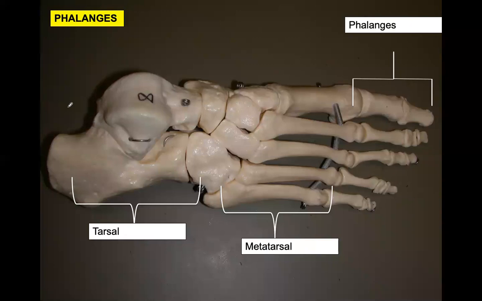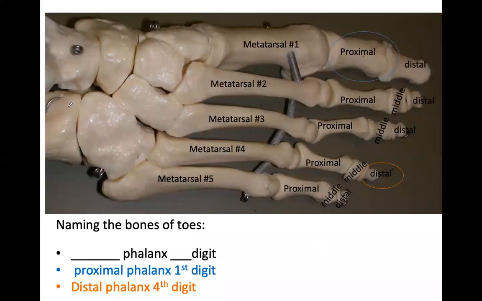The bones that form the sole of your foot are called metatarsals, and the bones of your toes are referred to as phalanges. As I mentioned earlier in the PowerPoint, the terminology for identifying each of your phalanges is identical to what we described for the fingers, so I'm not going to repeat myself.